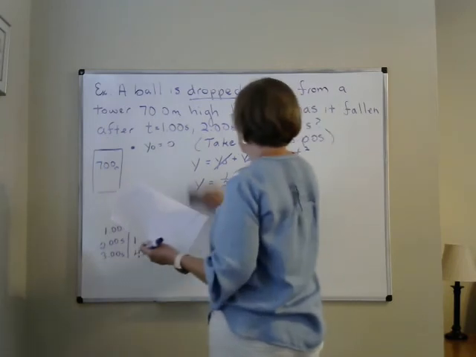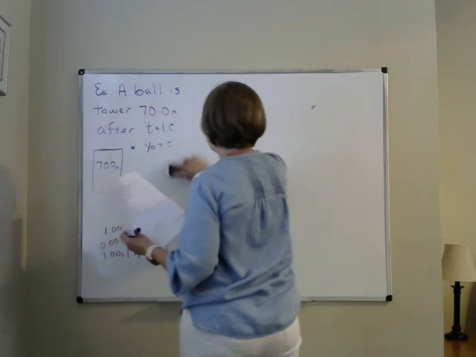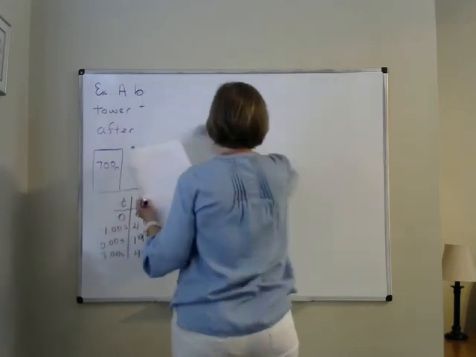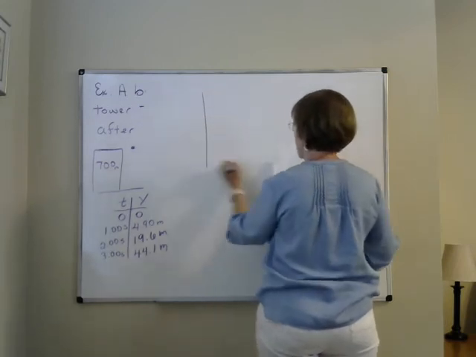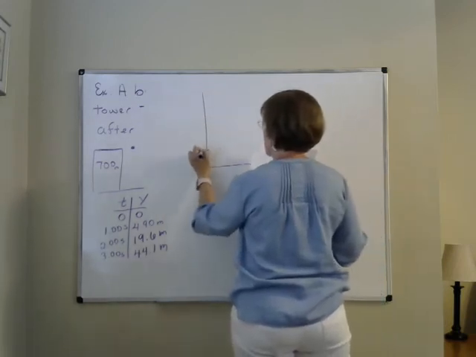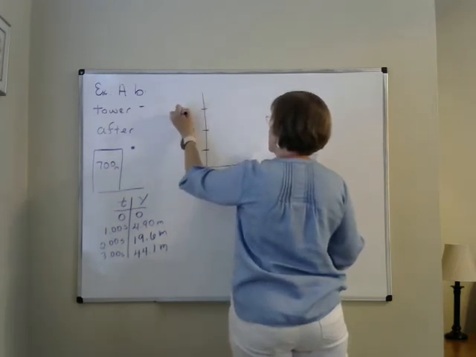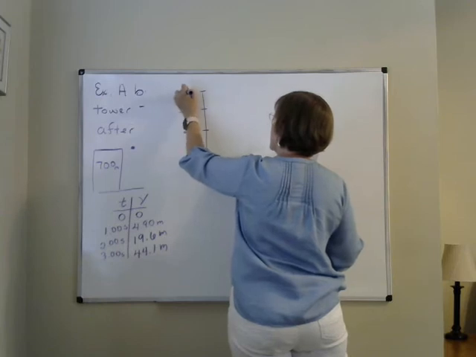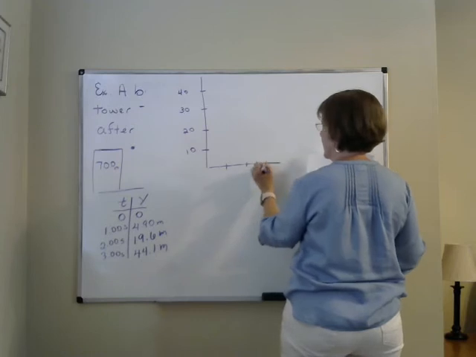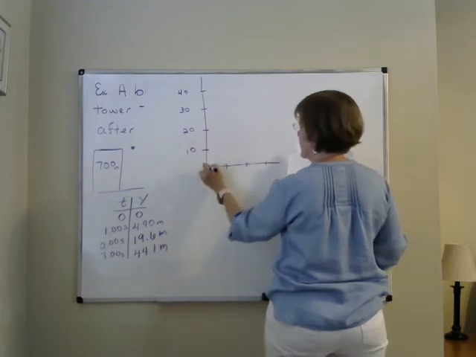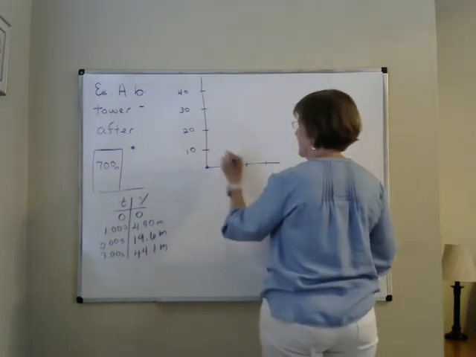So if we graph it, which is kind of an interesting thing to look at, what we see is 10, 20, 30, 40, gotta go a little past 40, 1, 2, 3. It started here at 0, 0. At 1 second, it had gone approximately 5.